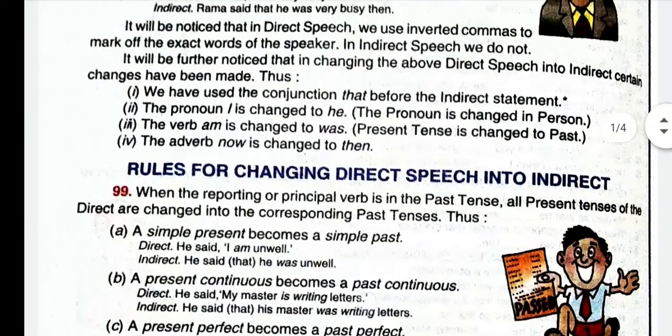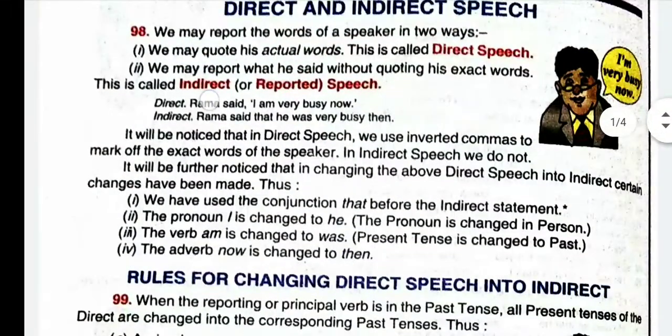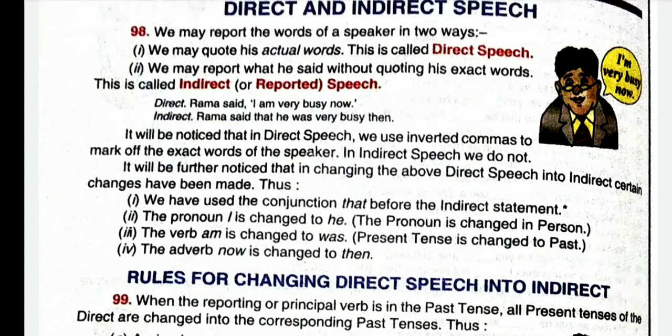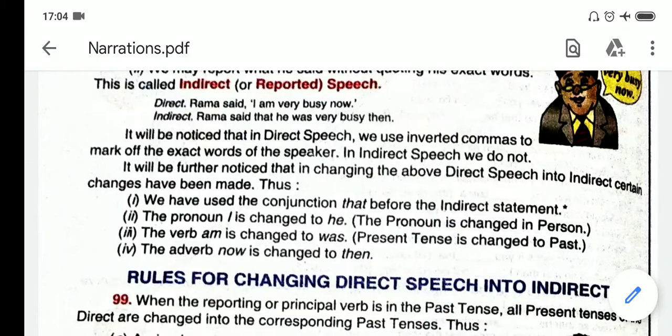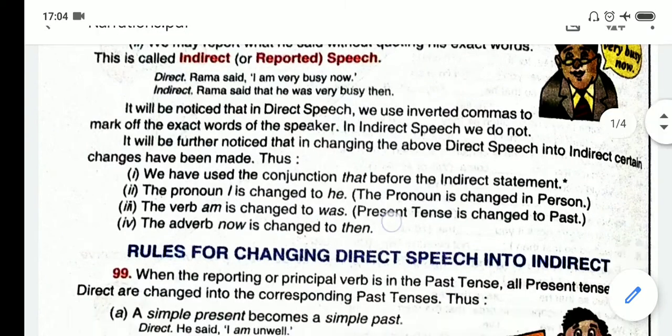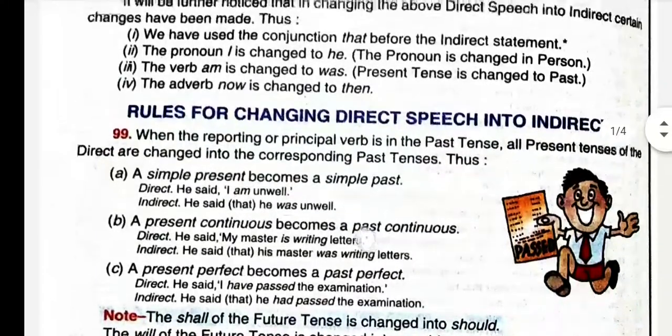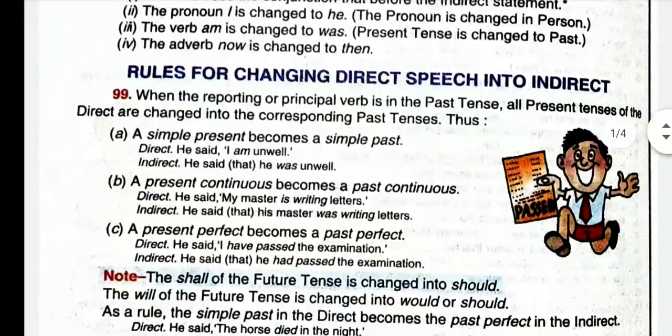We also know that the speech which is outside the inverted commas in case of direct speech, like "Rama said," is the reporting speech, and "I am very busy now" is the reported speech. And we saw these rules, rule number A, B, C. These rules were for when the reporting speech, meaning the speech that is outside the inverted commas, is in the past tense.